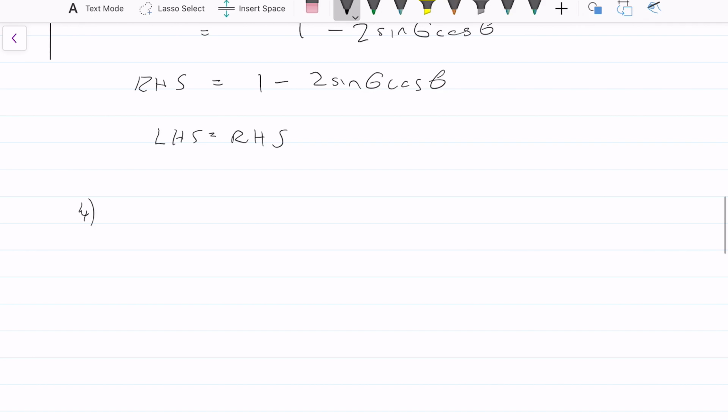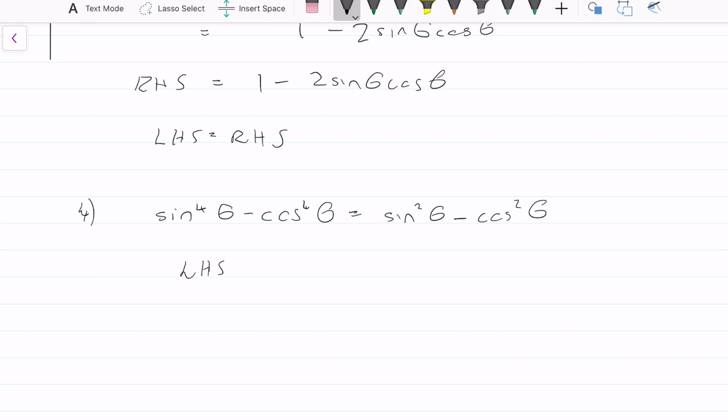Okay, for question 4, let's have sine to the power of 4 theta minus cos to the power of 4 theta equals sine squared theta minus cos squared theta. So we want to prove this. We know what a difference of two squares is, so that's what we're going to use.